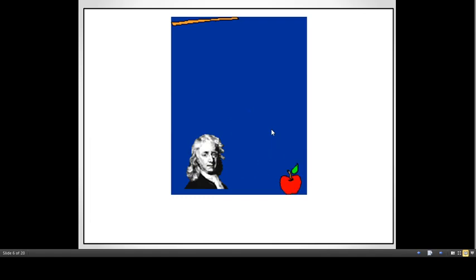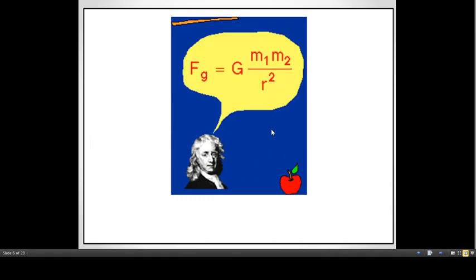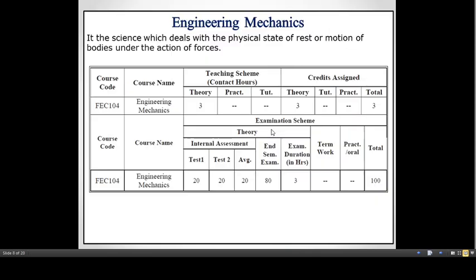What is common? Yes, here force is common. Now see the definition. It is the science which deals with the physical state of rest or motion of bodies under the action of forces.